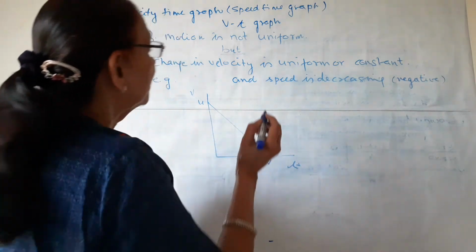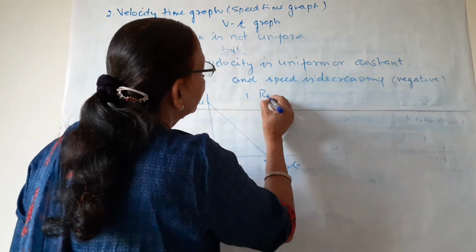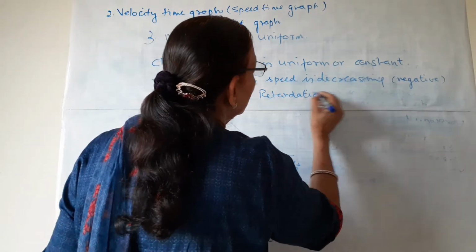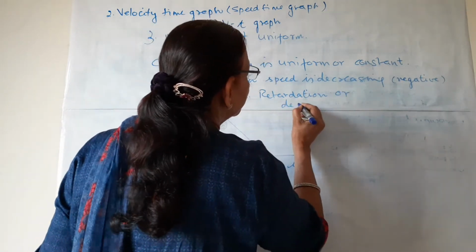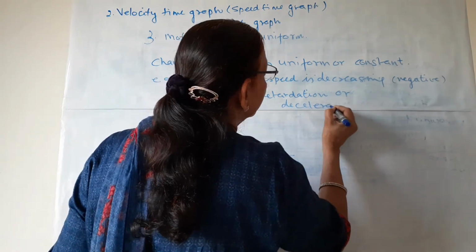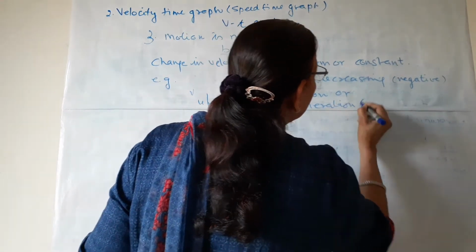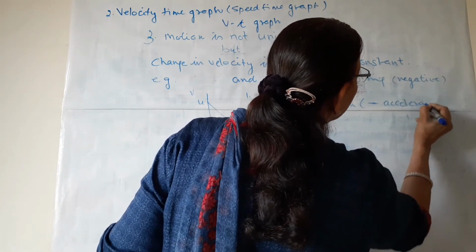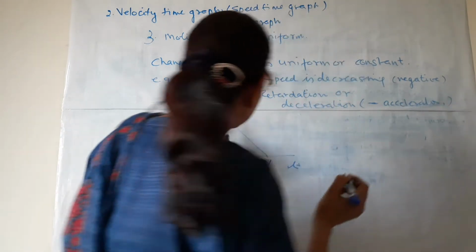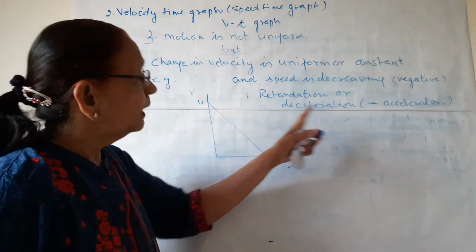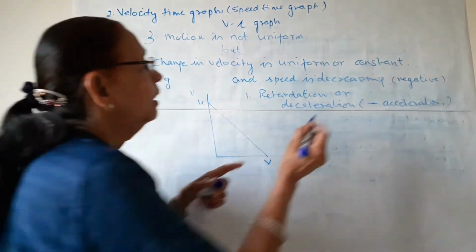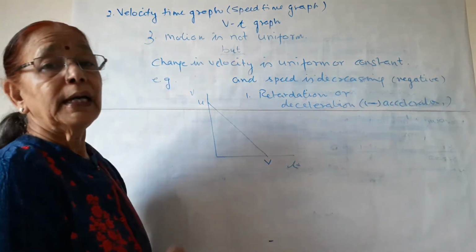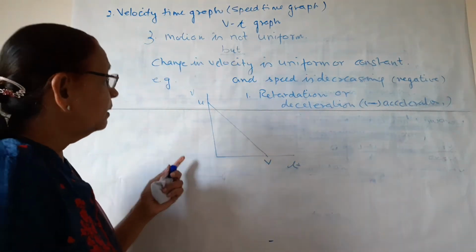And this type of graph shows retardation or deceleration, or we can say negative acceleration. So we can use any word. So this type of graph shows negative acceleration or deceleration or retardation.